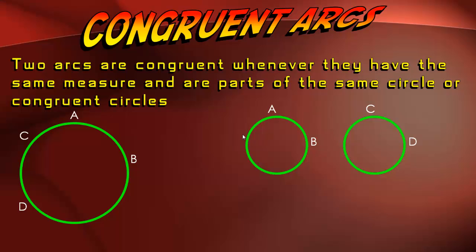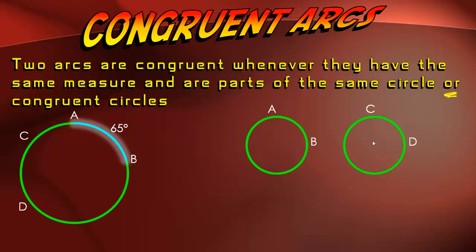Okay, now congruent arcs. Two arcs are congruent whenever they have the same measure and are parts of the same circle, or congruent circles. So if we were given that these two circles were congruent, and we had the same arc measurements, we might be able to prove that their arcs are congruent.